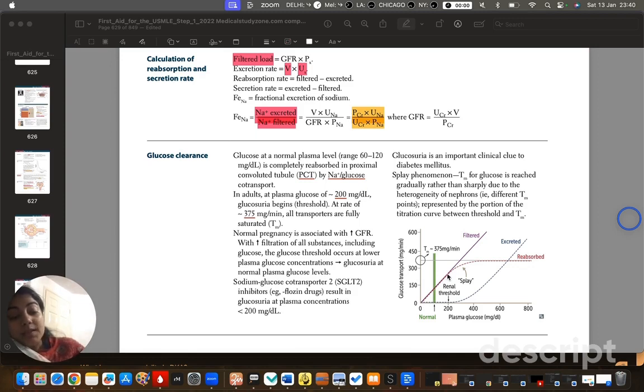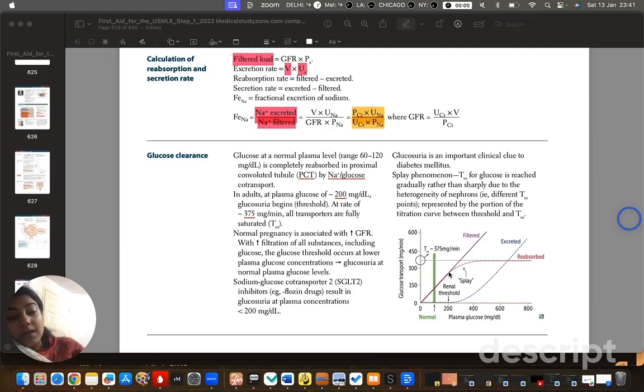But as soon as this threshold is hit, the renal threshold, what that means is these things, SGLT2, sodium glucose co-transporter 2, these are the things that reabsorb glucose. Now these are getting full. That means they're getting saturated, and now they cannot take any more. So glucose starts going out into the tubules now, and that's why it's getting removed in the urine.